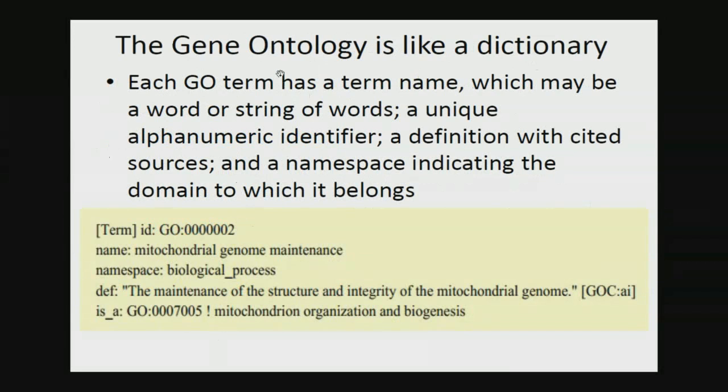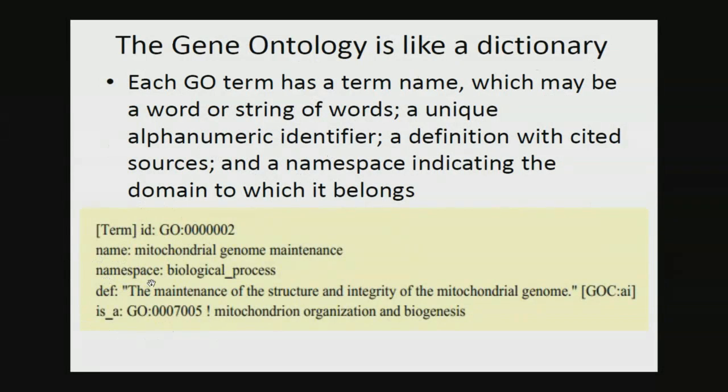Like I said, the Gene Ontology is basically like a dictionary. You can look it up. Each GO term has a term name, which may be a word or a string of words, a unique alphanumerical identifier, a definition with cited sources, and a namespace indicating the domain to which it belongs. If you find a GO term, it comes with this identifier, the name and the namespace.